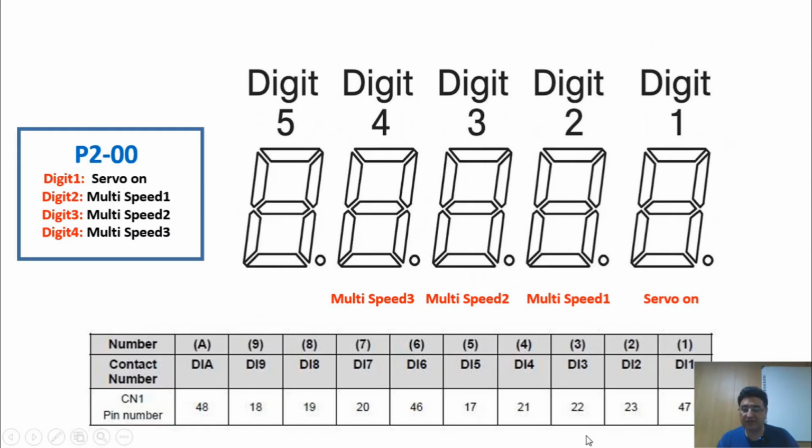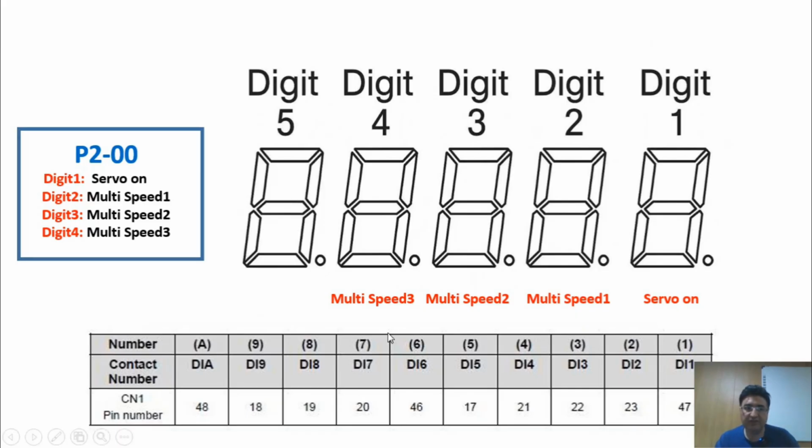If we set the first digit of parameter P220 to the value of 1, then terminal 47 will be assigned to the servo on function. Conversely, if we set the first digit of P220 to the value of 2, again according to this table, then terminal 23, from our available digital inputs, will be assigned to the servo on function.